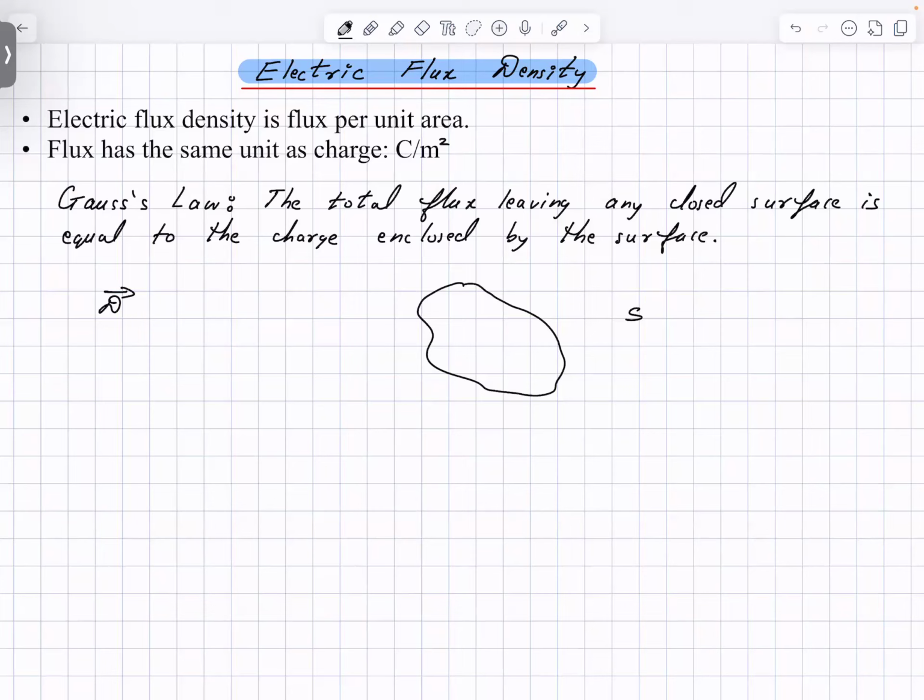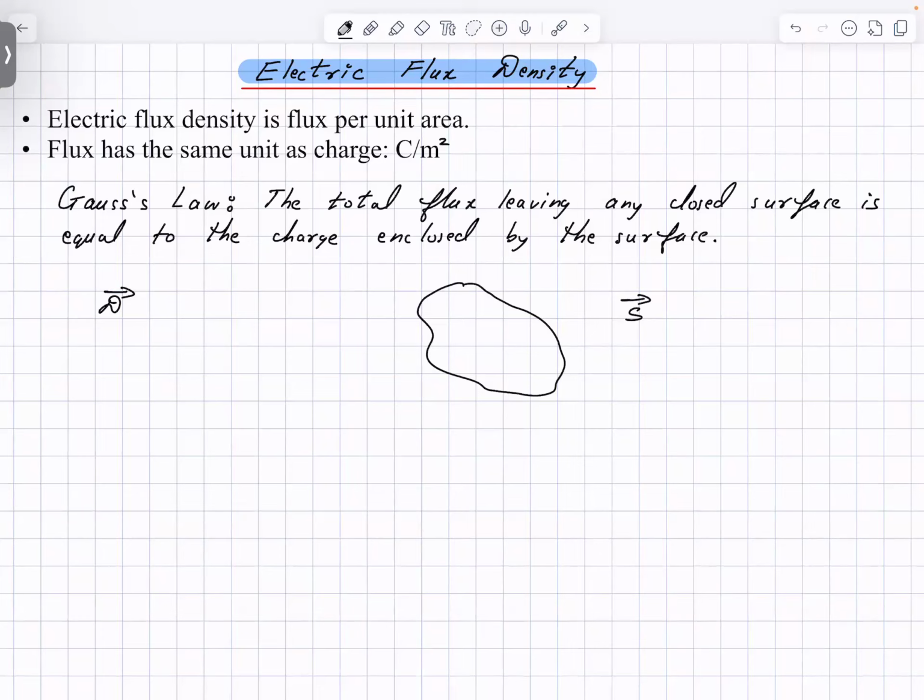In chapter one, when we talked about differential surfaces and other surfaces, we talked about scalar surfaces. But from this chapter onward, we'll talk about vector surfaces. So we'll have a surface like this, with an arrow, meaning it's a vector.